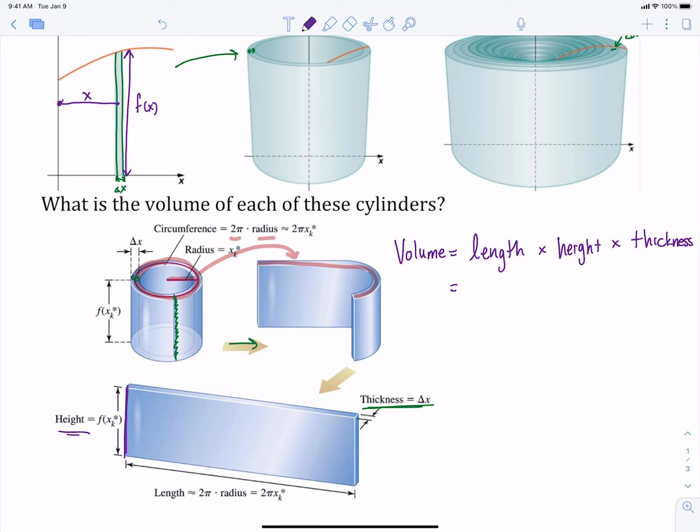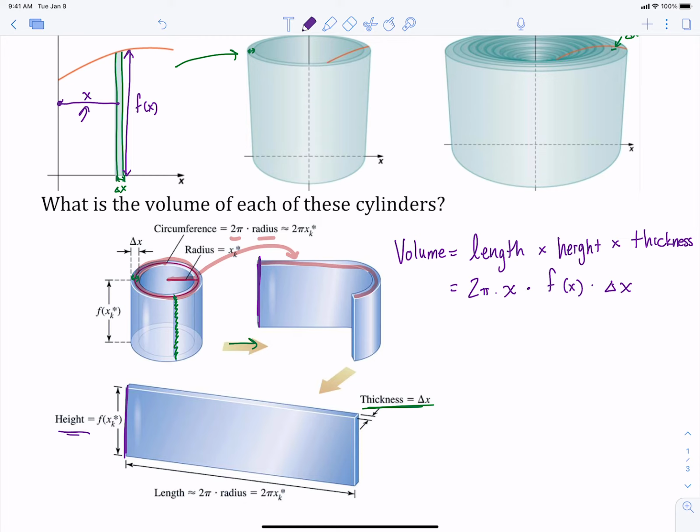So the length, that's the 2 pi times our radius, which is x. Right? Again, that's our radius. And then the height of this is that function value. And then the thickness is going to be that delta x.